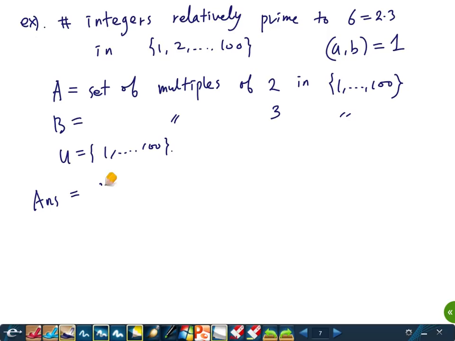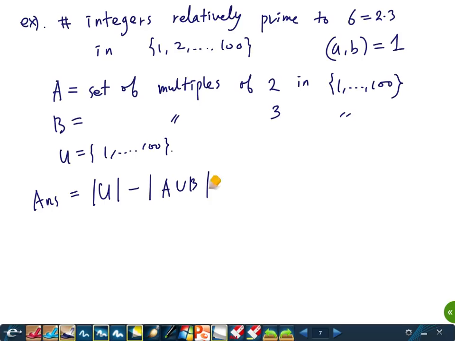So it will be U minus the union of A and B. These are the integers which are not relatively prime to 6. If you remove these, you will get the integers relatively prime to 6.